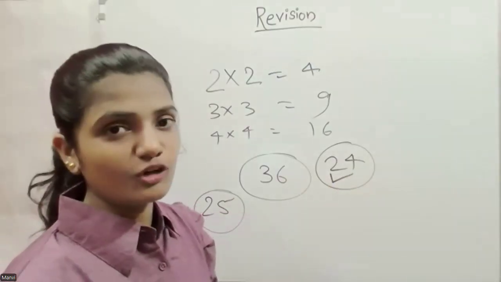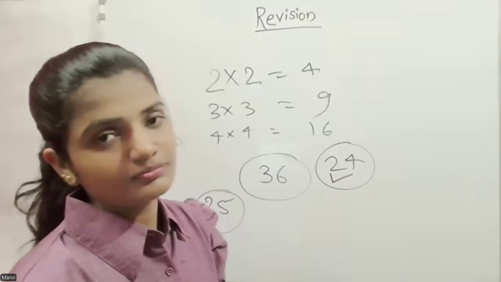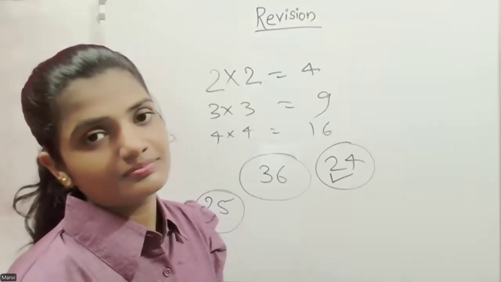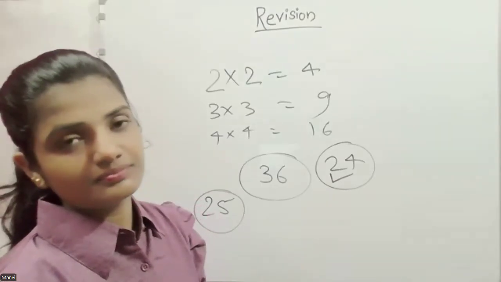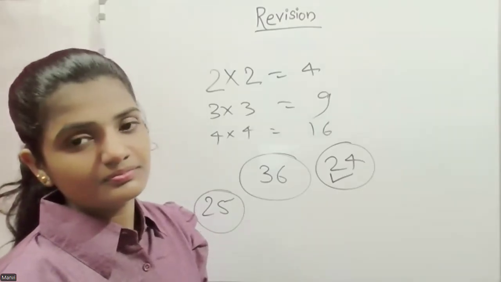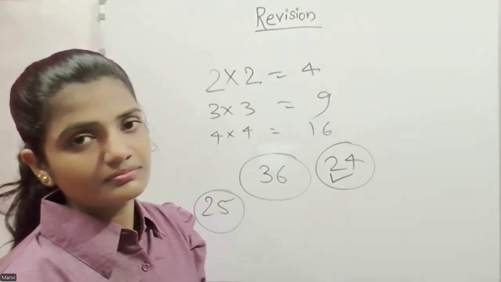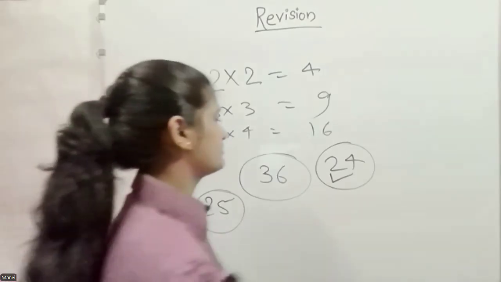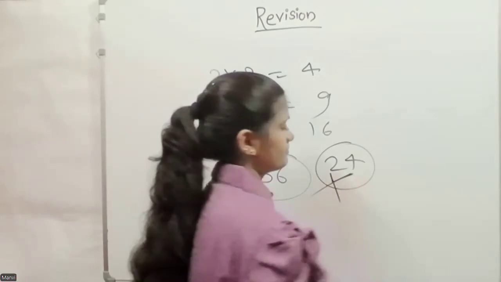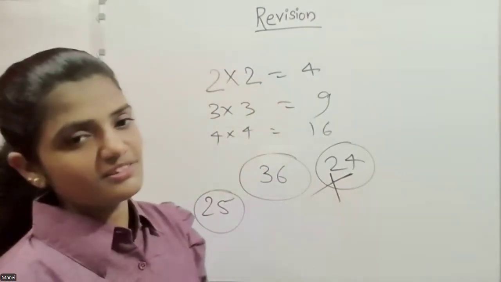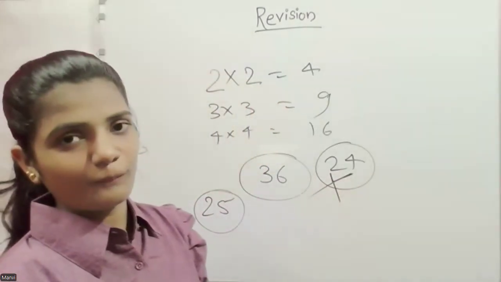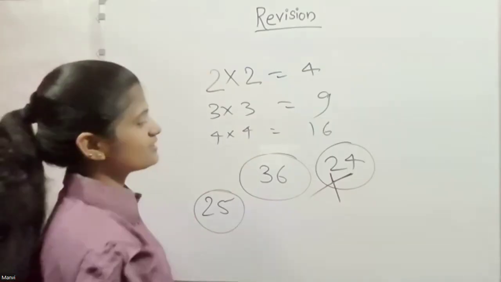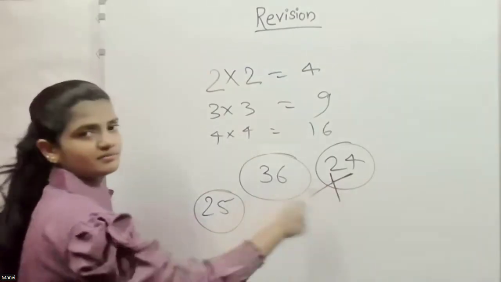What times itself gives 24? It's not a square number actually. Nothing times itself gives 24. A square number is never too close like this.